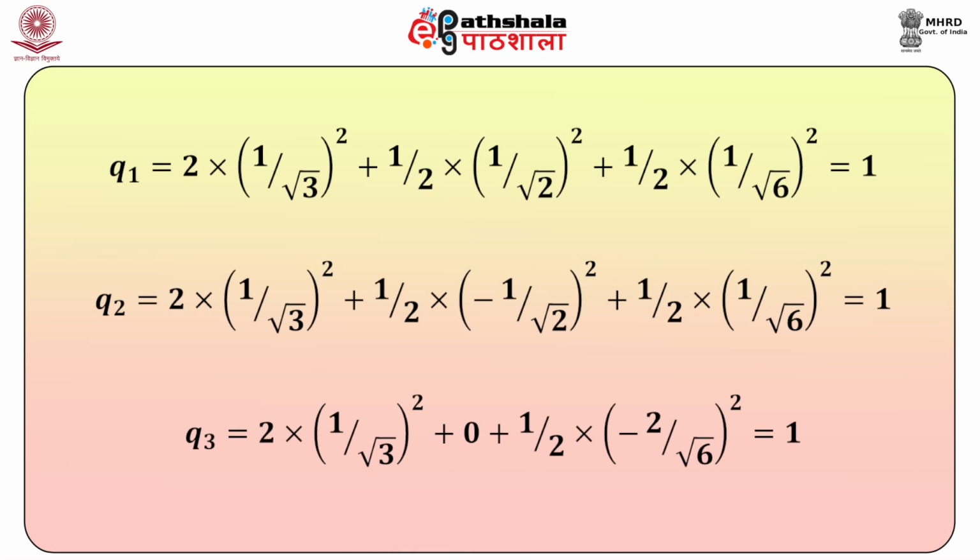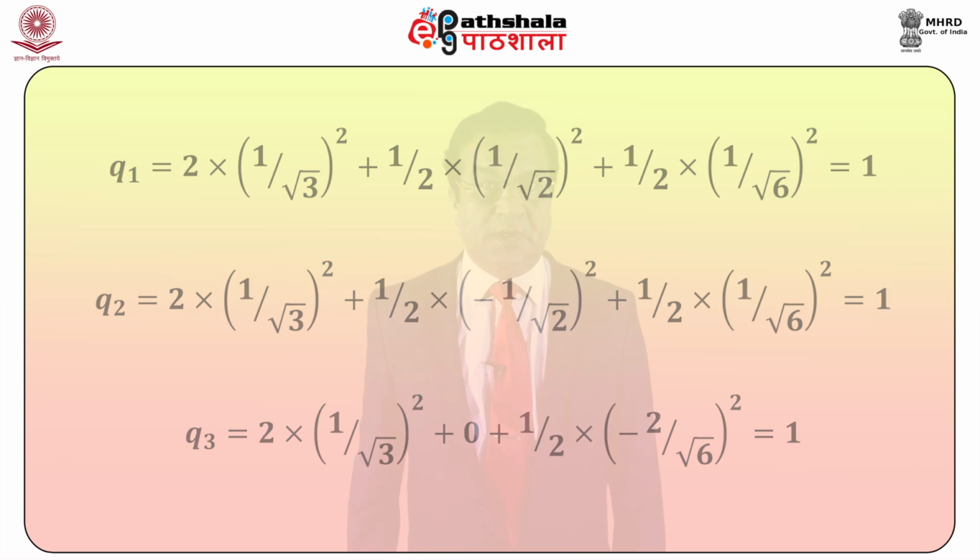So using this, one can calculate the charge density at carbon atom 1. So that is Q1. As you can see here, if we substitute the corresponding values of the coefficients from the various wave functions, the total charge density comes out to be 1 for each of the carbon atoms Q1, Q2 and Q3. Now we will calculate the pi bond order between the two atoms A and B, which of course are linked to each other.